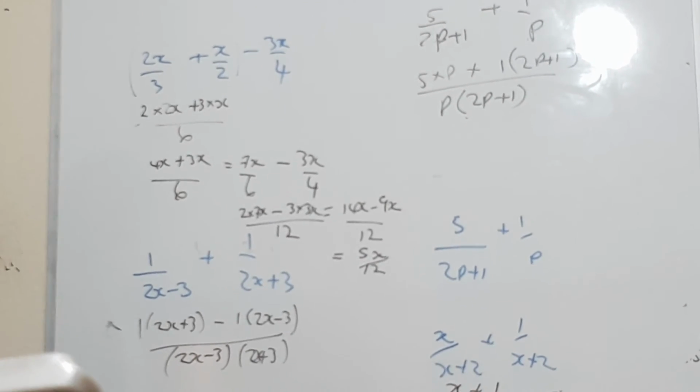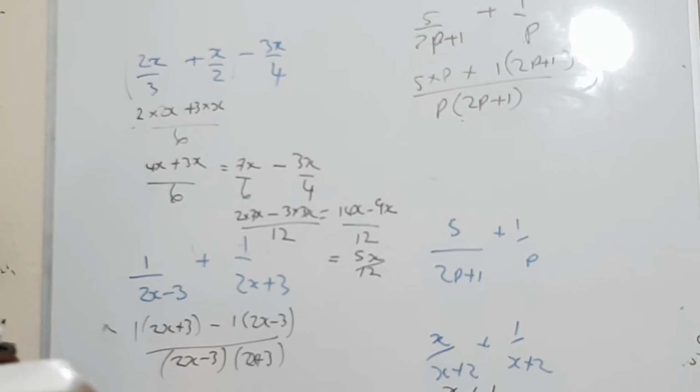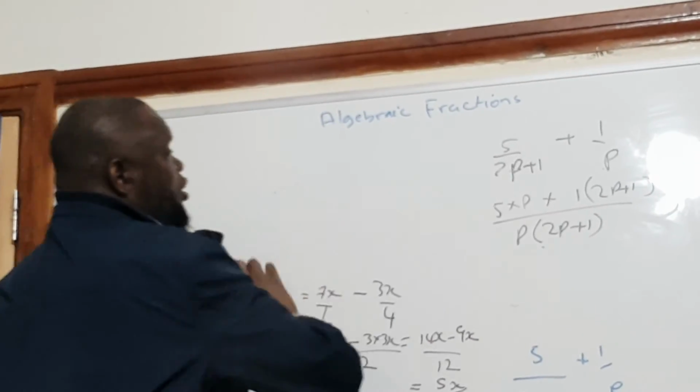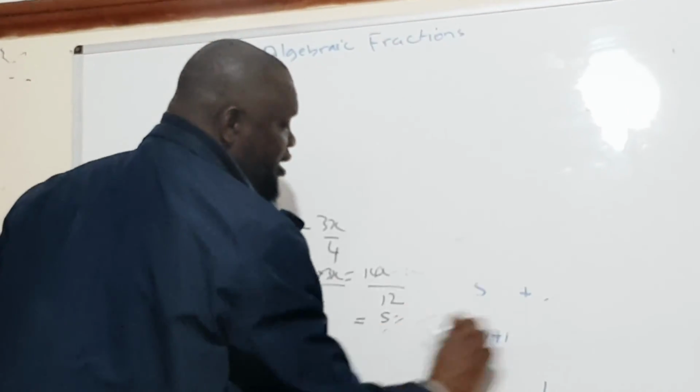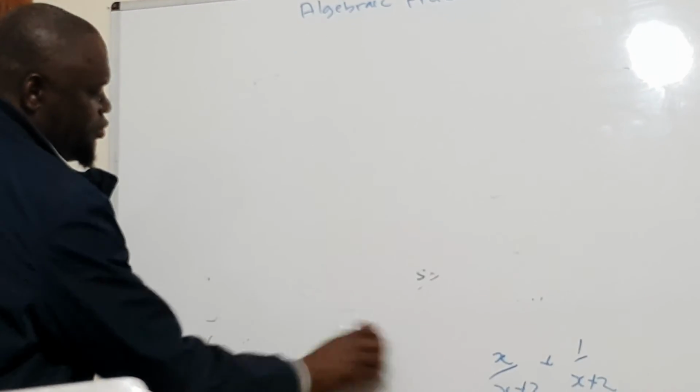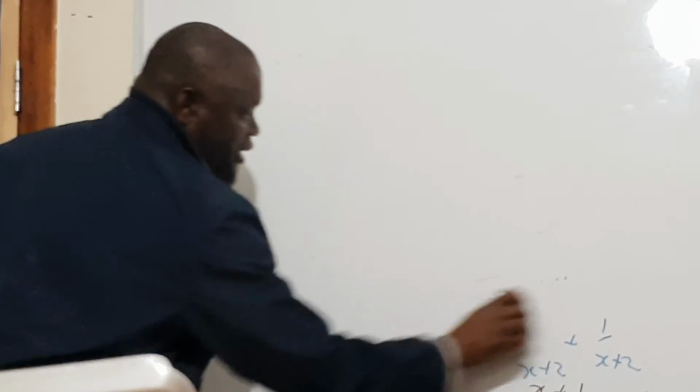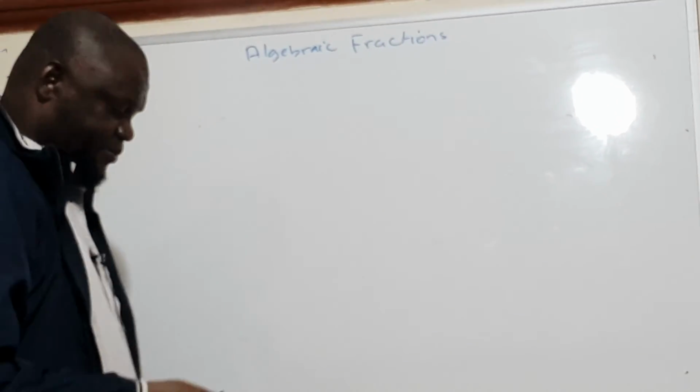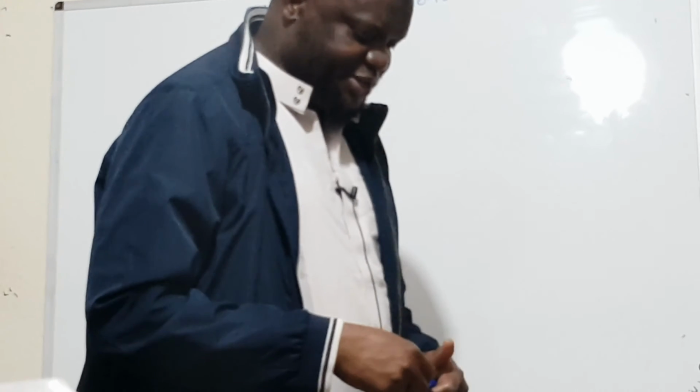Okay? This is called algebraic fractions, and the last part will be simplification. But we can't do that simplification unless we do factorization. I think factorization will be another topic because we have killed all these topics in one day.